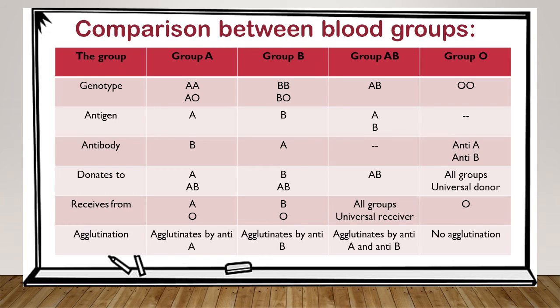About the antibodies, the person of blood group A has antibody B, and the person of blood group B has antibody A. The person of blood group AB doesn't have any antibody. And the person with blood group O has the 2 antibodies, anti-A and anti-B.